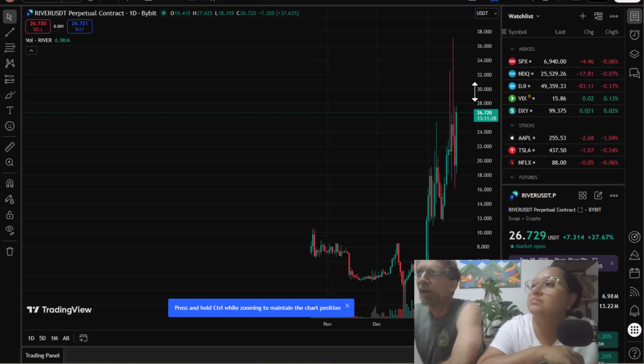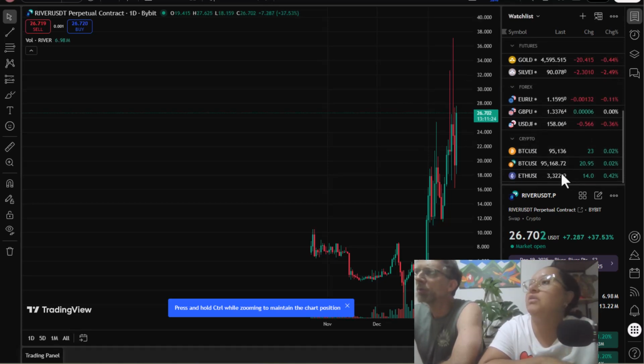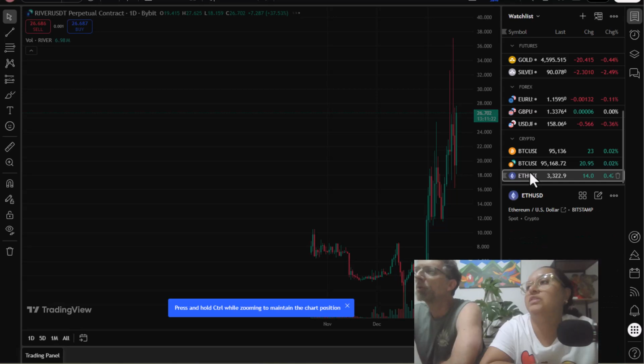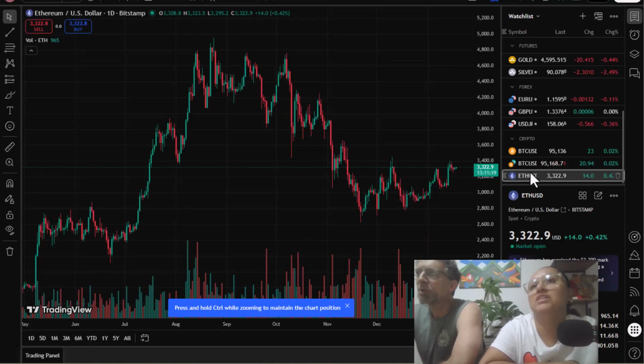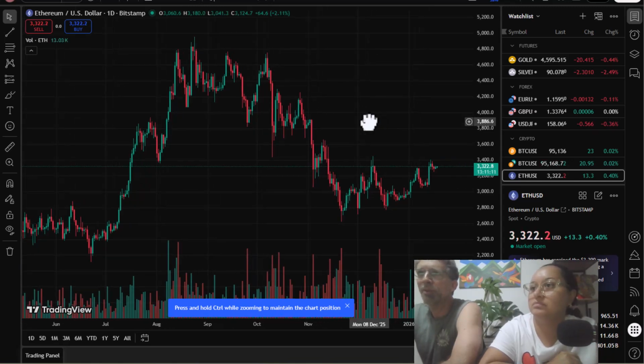But once you pick a coin, let's go back to Ethereum. Yes. So if you want to buy Ethereum, depending on your trading style, I would start with a day view, just to get a sense of the overall market.